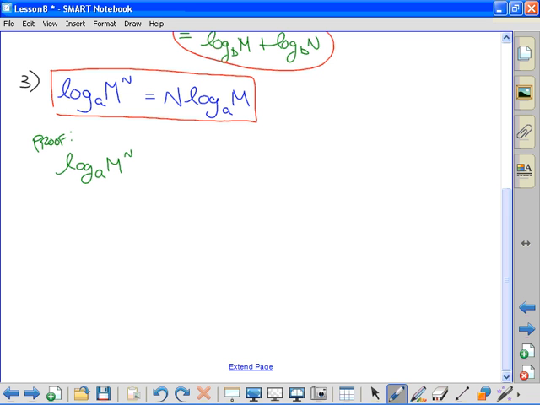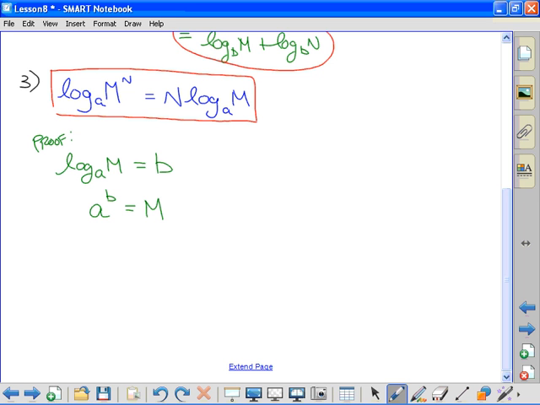If I set log base a of m equal to some value b, that tells me that a to the exponent b equals m, if I rewrite it in exponential notation.